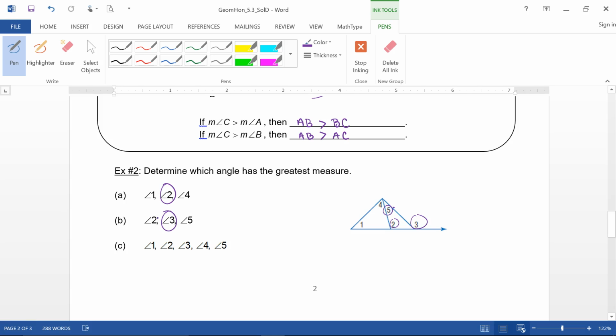Again, because it's an exterior angle. What about with all of them? 3, because that's like the... Well, okay, so here's why. Sorry. 2 is greater than 1, right? 2 is greater than 1. 3 is greater than 2. So by the transitive property, 3 is greater than 1 and 2. Okay?